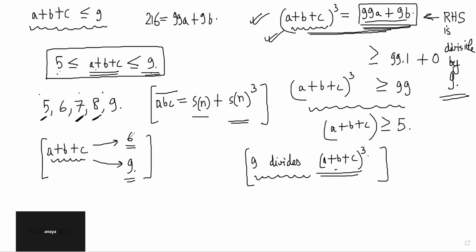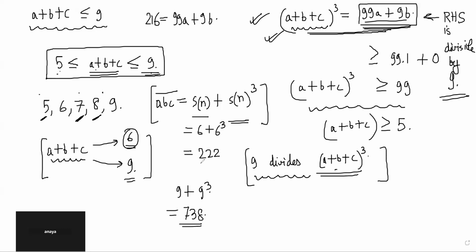We know the sum of the digits is 6 or 9. So the number can be 6 plus 6 cube, which is 222, or 9 plus 9 cube, right? So that will be 738.